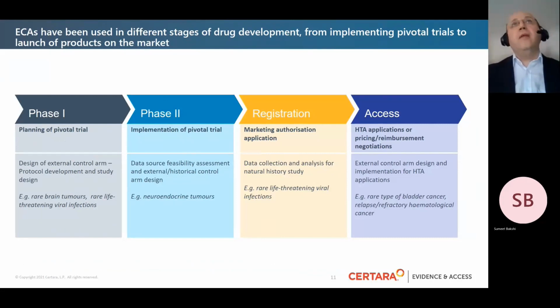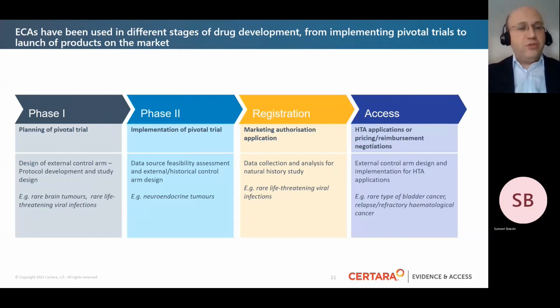We also, as a company, have consulted clients at all these different phases, and we provided both consultancy in terms of design of protocol, and also actual implementation of the study through all these phases. And below, I provided a few examples of the conditions for which we used external control arms.